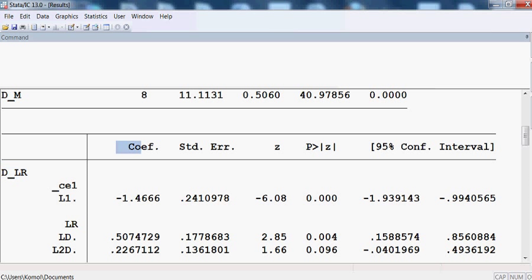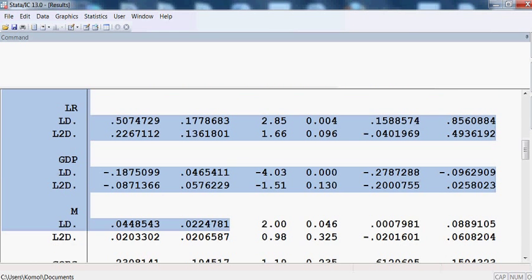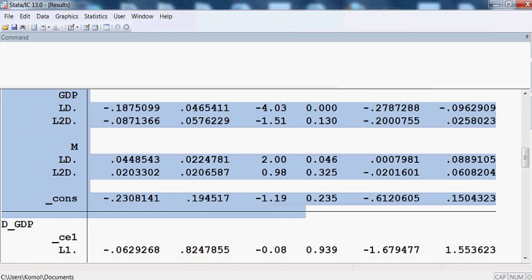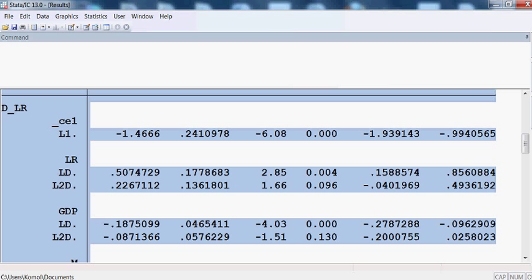So this one is our target model where lending rate or LR is the dependent variable. And this one is the error correction model, and only this one I shall be picking up. Only this one I shall be taking from this model.